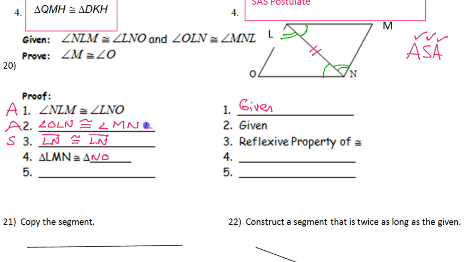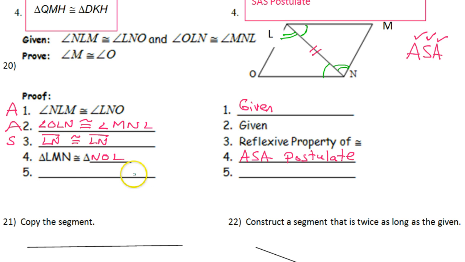And then N, in this triangle, LMN, the N corresponds with angle L in the other triangle. So it has to be that order. Of course, the triangles are congruent by the angle side angle postulate.